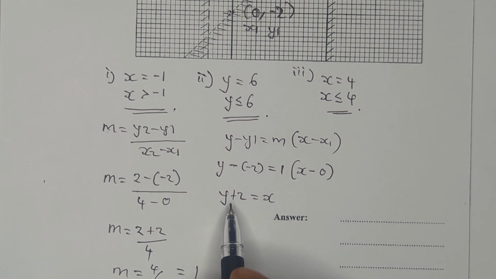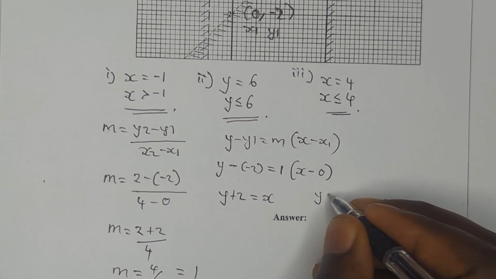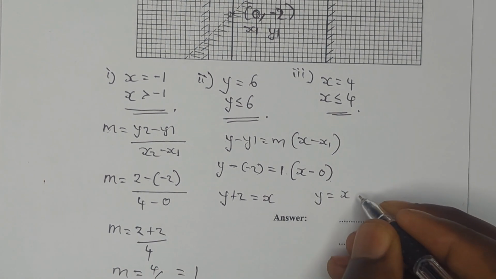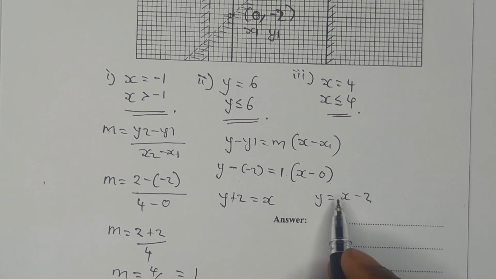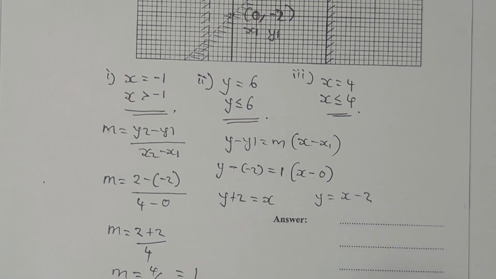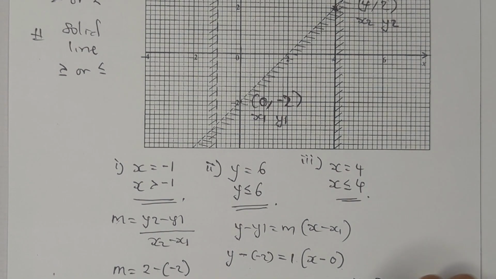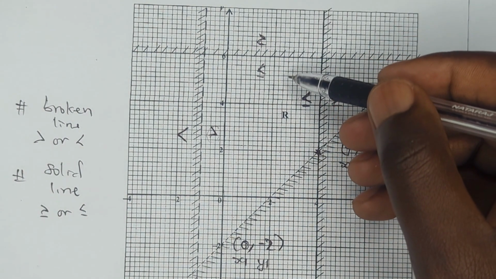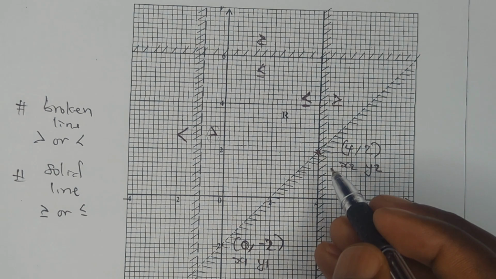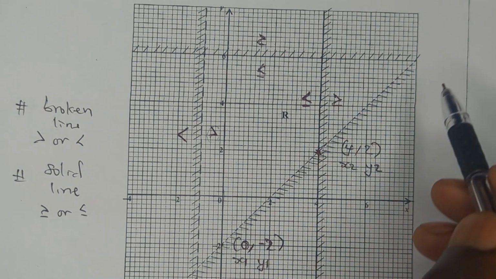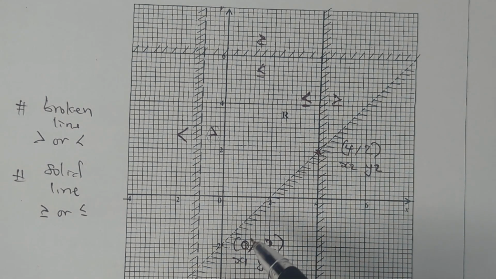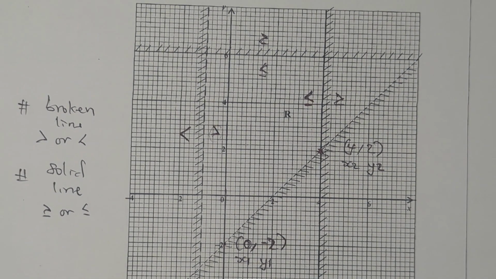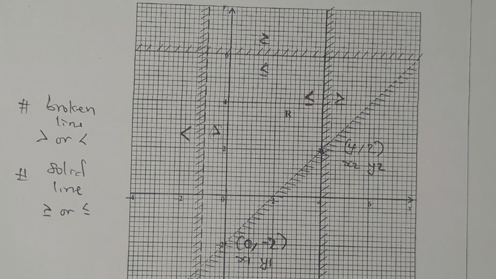Now, to make y the subject of the formula, these two need to cross the equal sign. So this will become y is equal to x minus 2. Now the sign that we are going to put here to make it an inequality: when we move in this direction, if we check this line here, it is a dotted line. So the sign that we are going to use is less than or greater than.